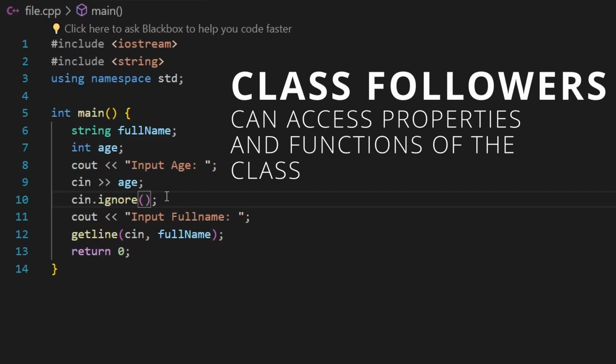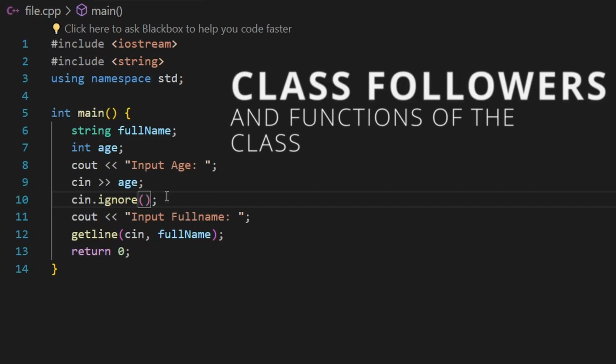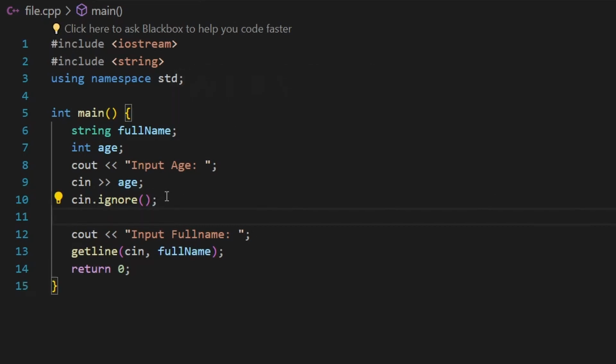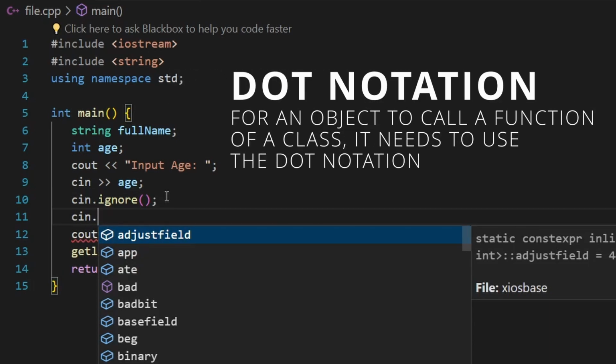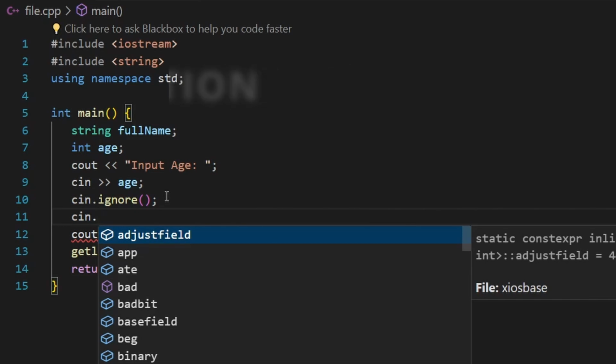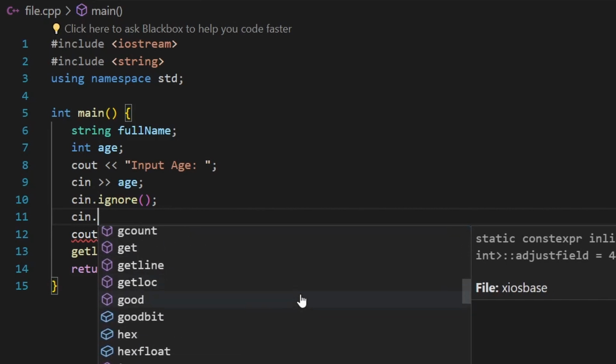So, how do we access those perks and functionalities? If I say cin dot, using the dot notation, the object is able to access the functionalities and properties of the class that they follow. As you can see right here, cin is able to access the functionalities and properties of the class called istream.